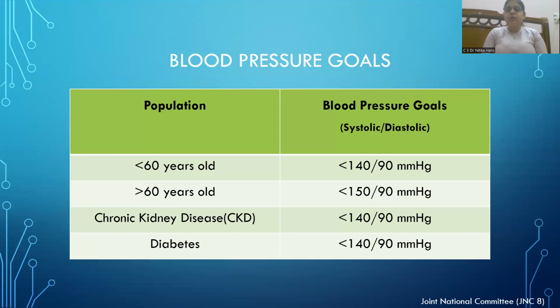And even for older patients, if suffering from chronic kidney disease and diabetes, the stricter guideline is 140 by 90 millimeter of mercury.